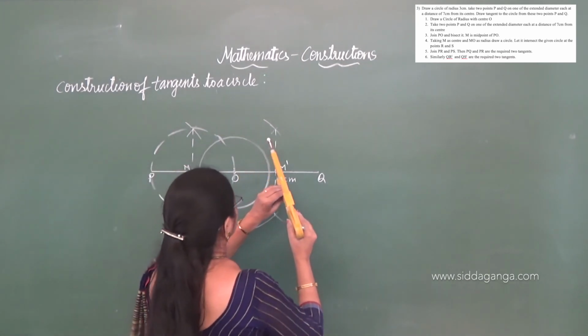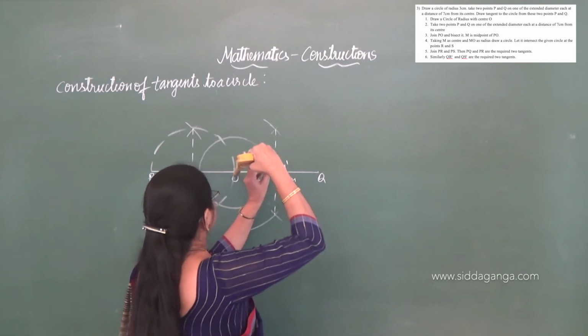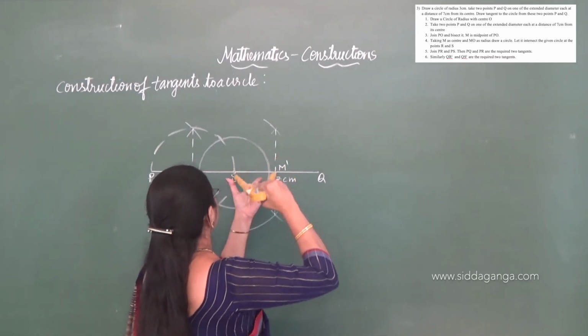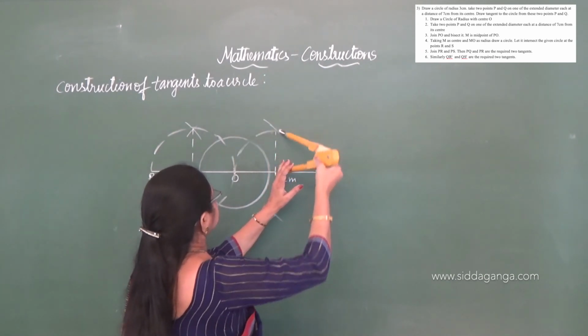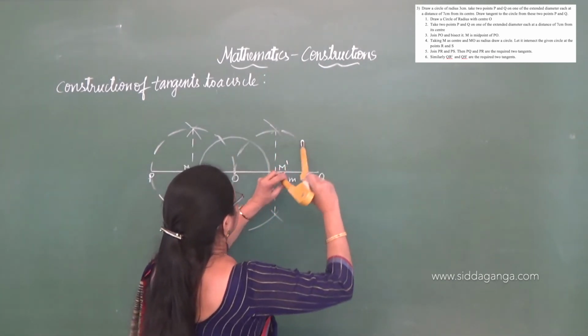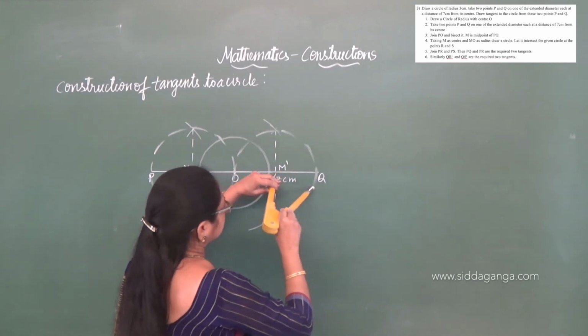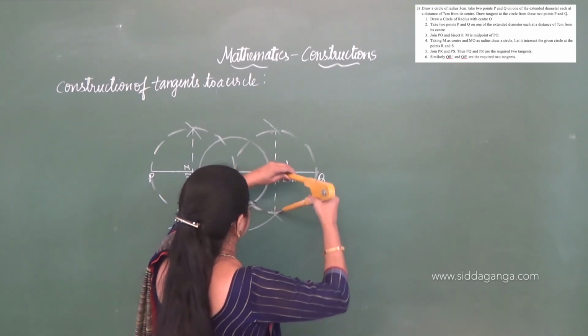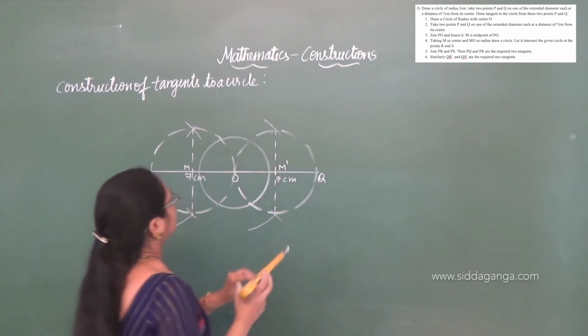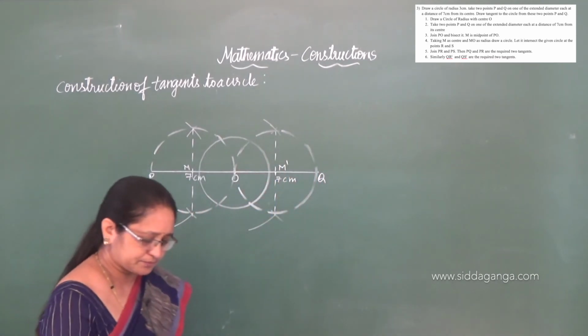Then again here M dash, and again another circle I will draw, with MQ as a radius. Okay. Now, 2 circles I have drawn.